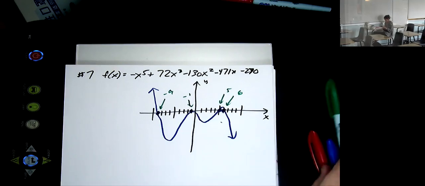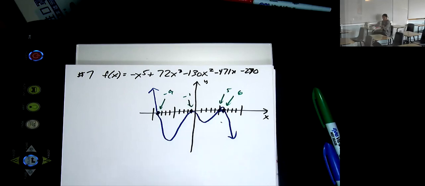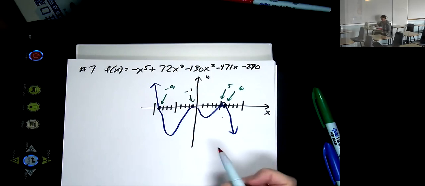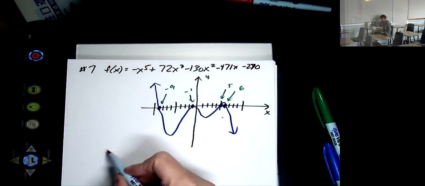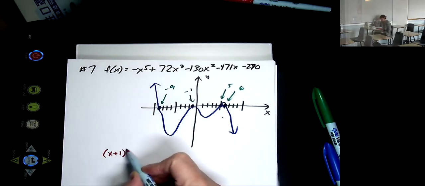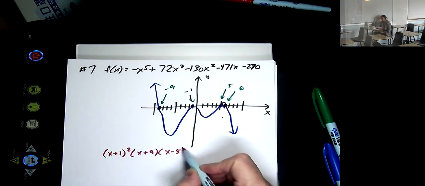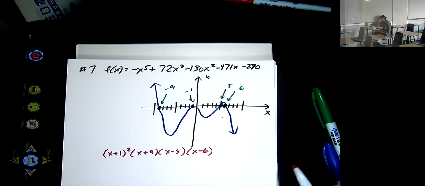What'd you guys come up with? I got x plus 1 squared and x plus 9. X squared. Anyone else get that?